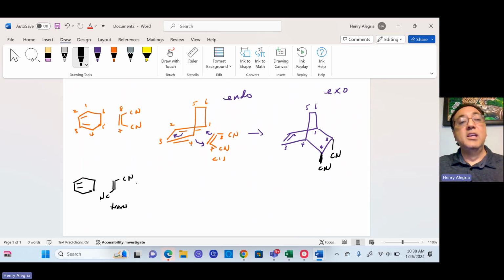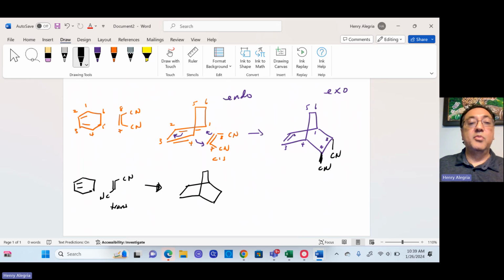So by necessity, one of these nitriles will end up in an exo orientation, because I have to respect the initial trans, so they cannot end up oriented the same. So in this case, notice when I get my final product here, one will be in an endo, but one will have to be in an exo. And that's just by necessity because we started off with the trans.